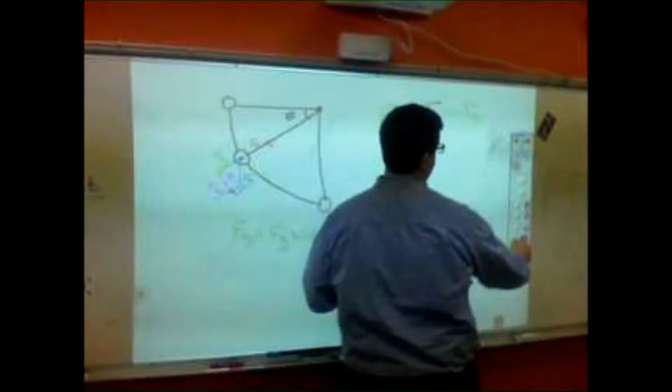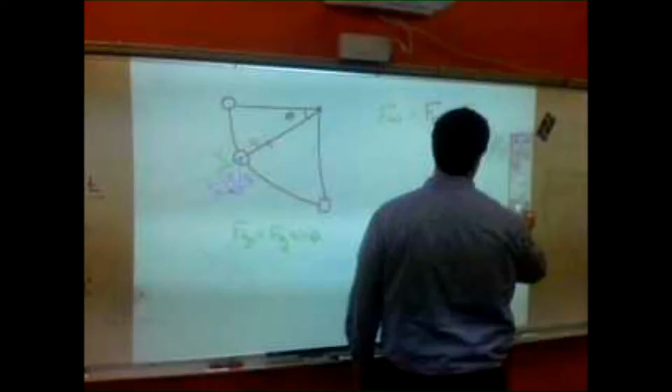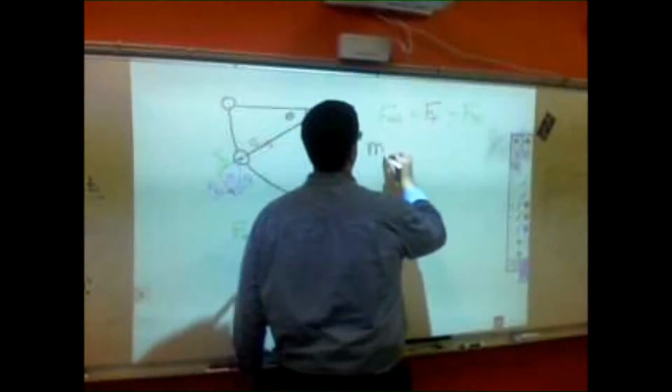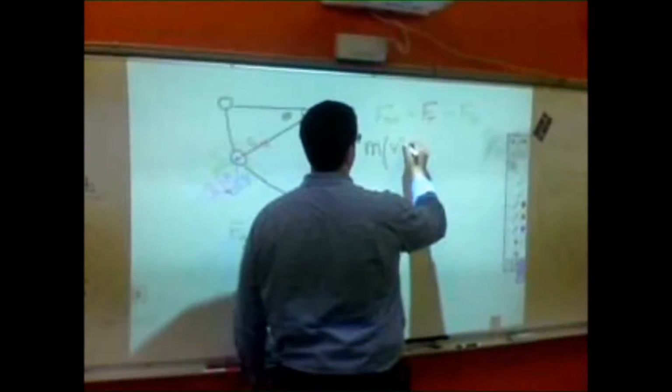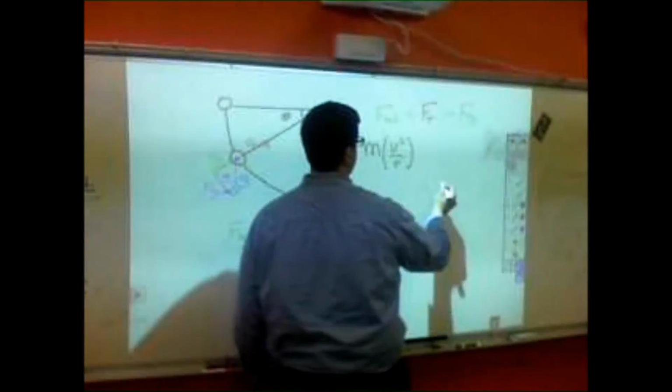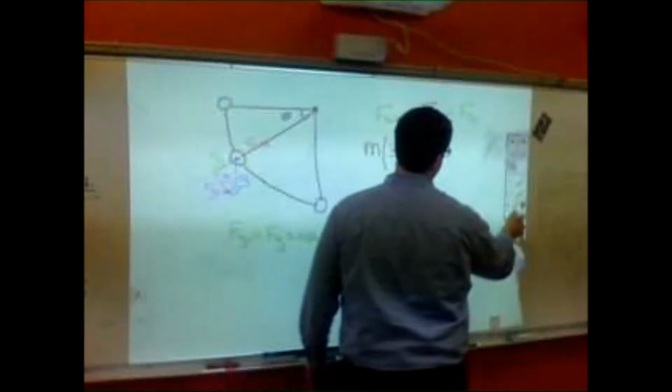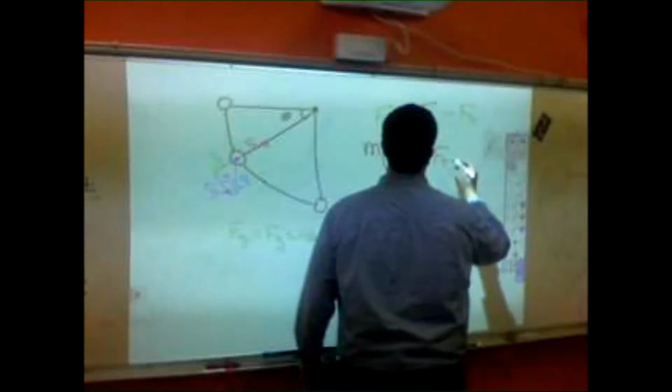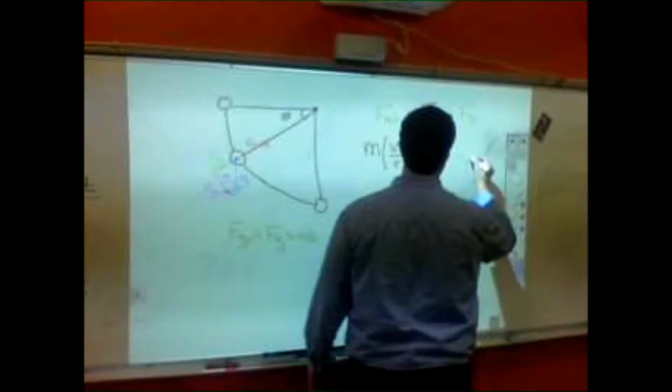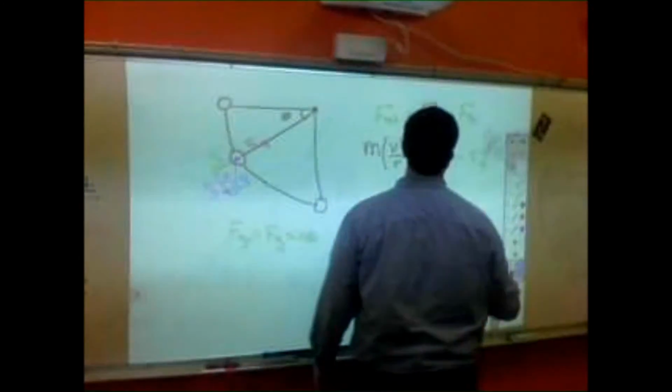But what type of acceleration is it? Centripetal. So we get m times a, which is just v squared over r, equals Ft minus Fg1.